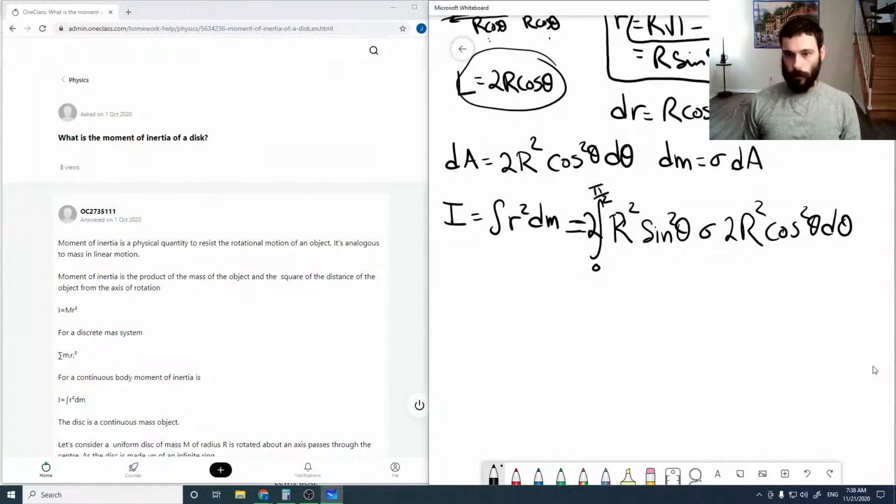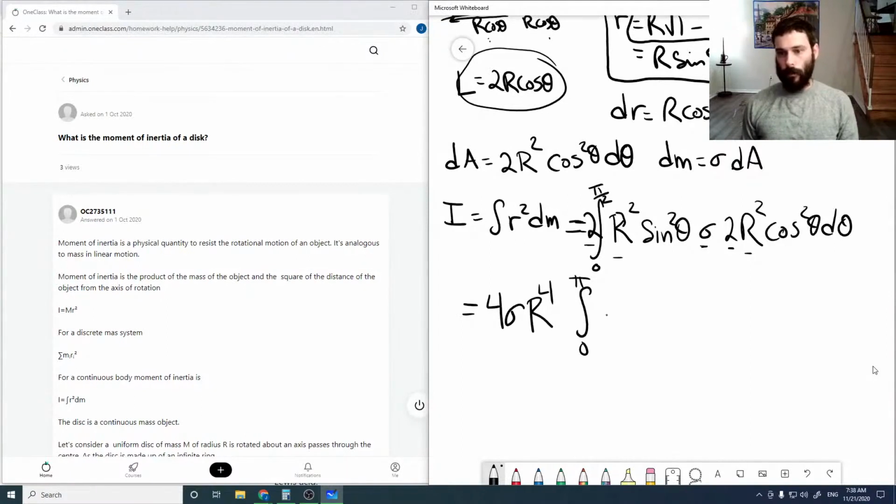So I'm just going to clean up things a little bit. So pull the constants out of this expression. So there's a sigma, a 2, which I multiply by the other 2. So those 2's, the sigma, and then the r squareds can come out. So that's R to the fourth. And then it's an integral from 0 to pi over 2 of sine squared theta cos squared theta d theta. And that should be pi over 2.